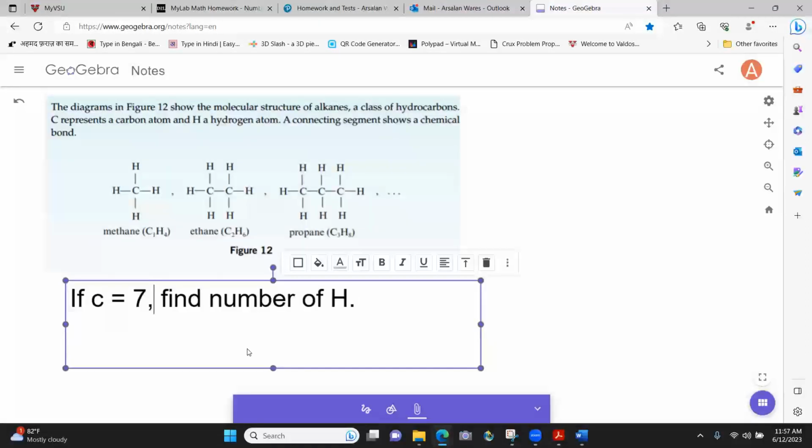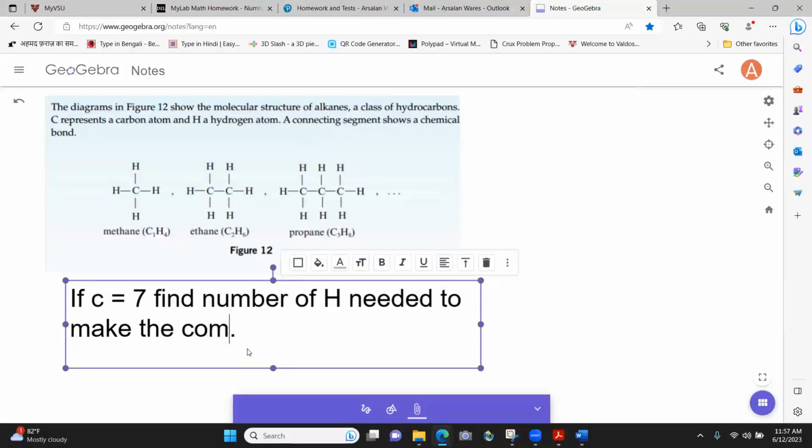Find the number of H, the number of hydrogen atoms needed to make the compound. Okay? So if C is 7, find the number of H, which is hydrogen atoms needed to make the compound.